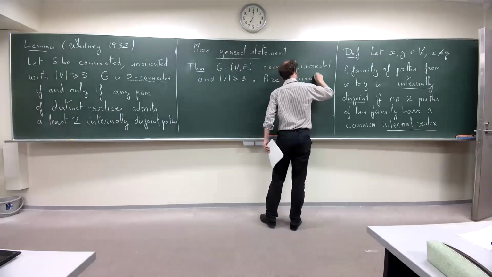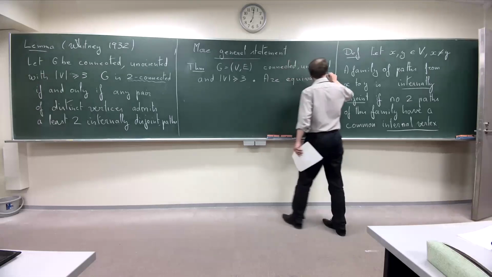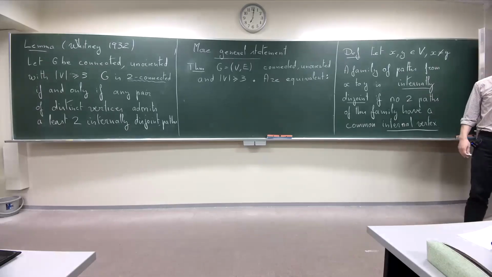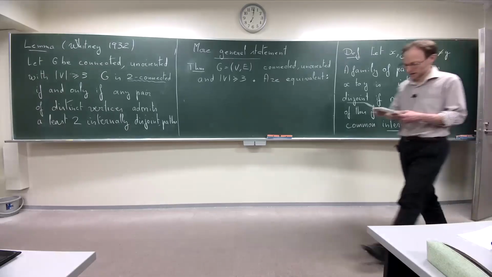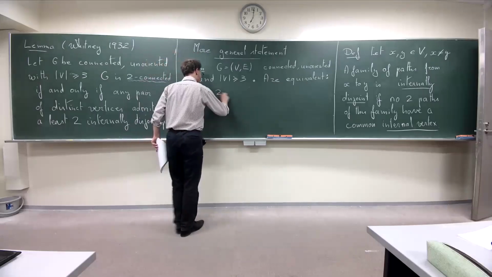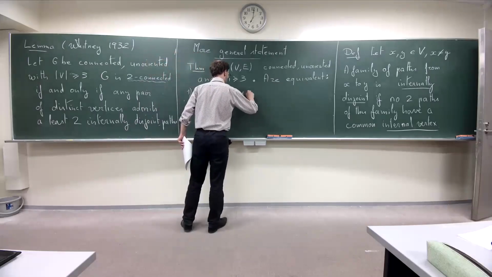We have several statements which are equivalent. So if you want to show it, you have to show that each line contains exactly the same information. The first statement is G is 2-connected, as before.